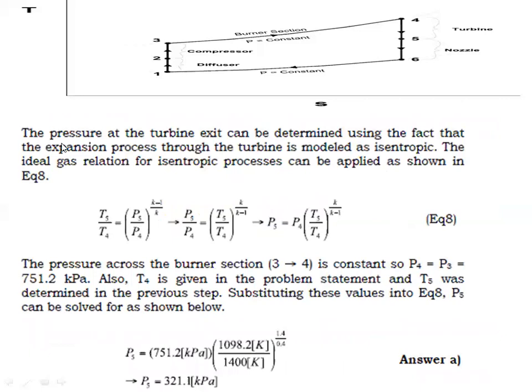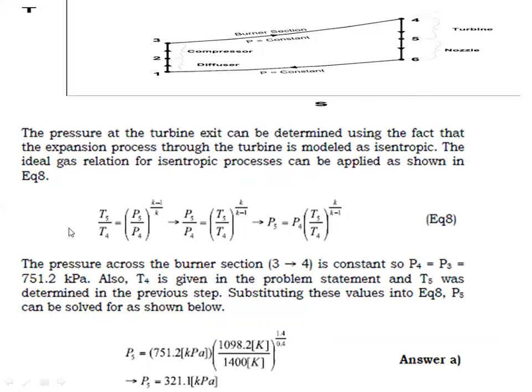Next, let us apply the isentropic relation during the process 4 to 5. The pressure at the turbine exit can be determined using the isentropic relation from process 4 to 5.